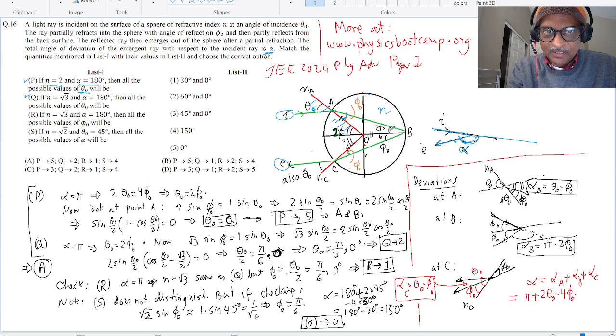If this angle is phi 0, then this angle is also phi 0, because AOB is an isosceles triangle, with two sides equal to the radius. So the angle of reflection, with this as the normal at B, is also phi 0.